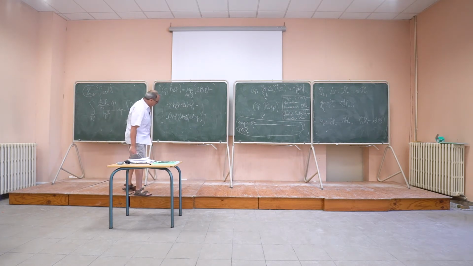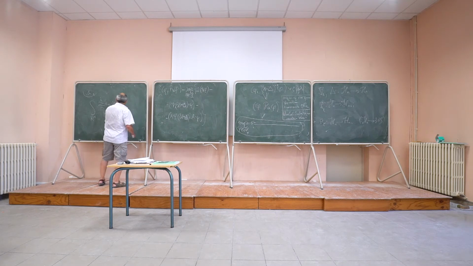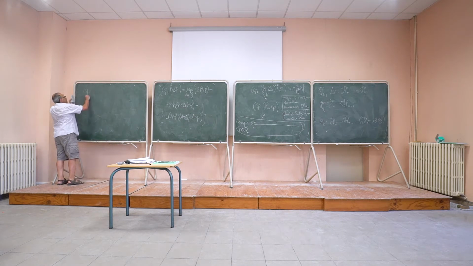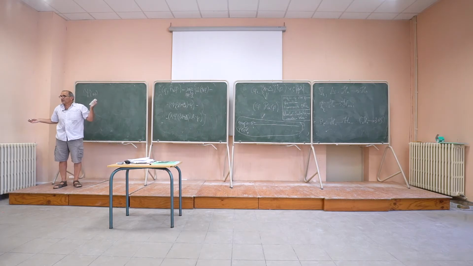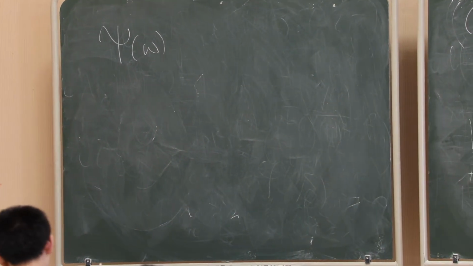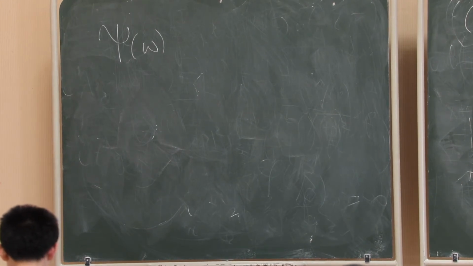So I do the following. I choose psi of omega to be a linear combination of the omegas. It's from the first subspace. The first subspace contains linear combinations of my Gaussians which define the problem.